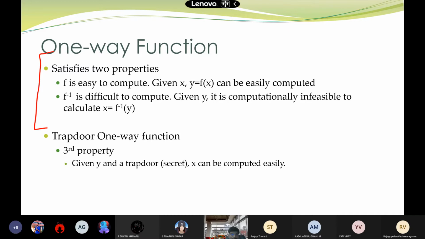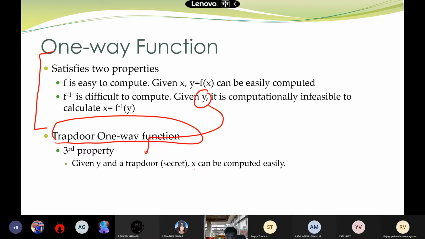But then RSA goes on to use a third property. This is called a trapdoor one-way function. If you are given y and another secret called the trapdoor, then you can easily compute x. That trapdoor secret is your private key, which no one knows.